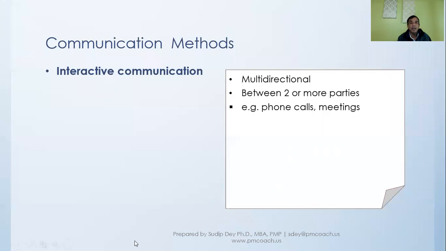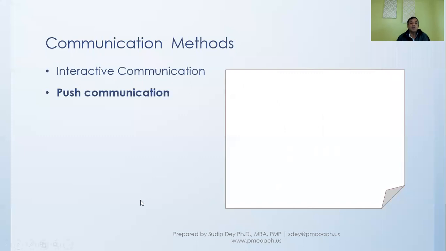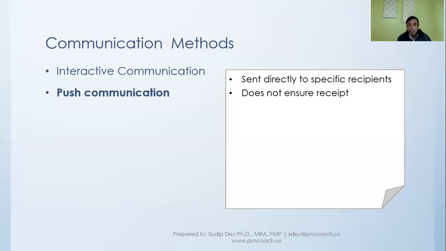The next communication method is push communication. When you say push communication, what you mean is that we send this message directly to specific recipients. We send it out and we just push it out.